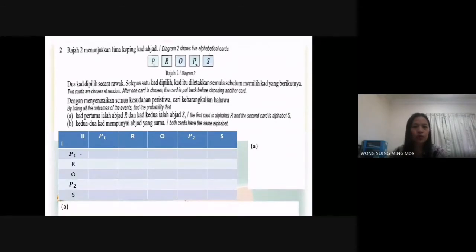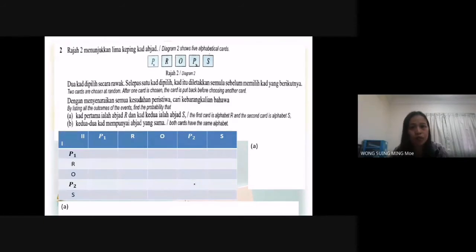Okay, so P1, R, O, P2, and S. And second time, because after you take out the card you put it back, that's why second time we still have P1 in the box, R, O, P2, and S. And the card can repeat. So you can write P1 and P1.